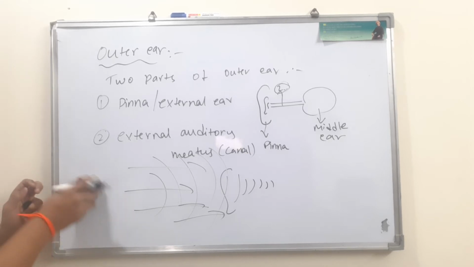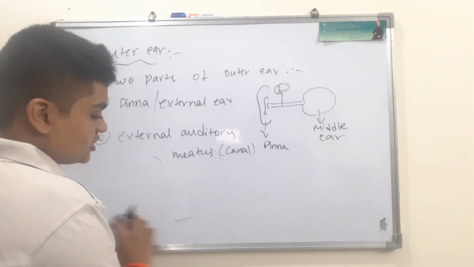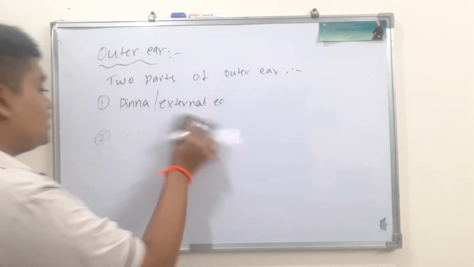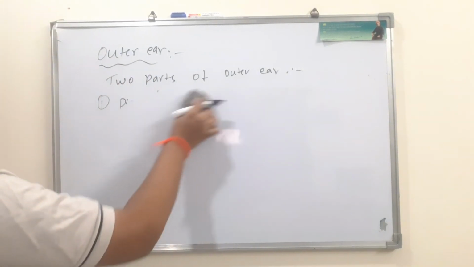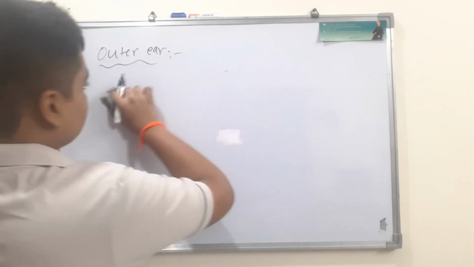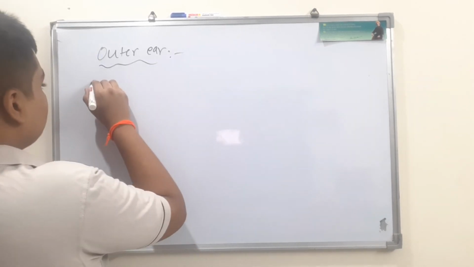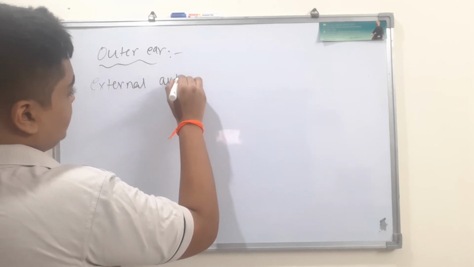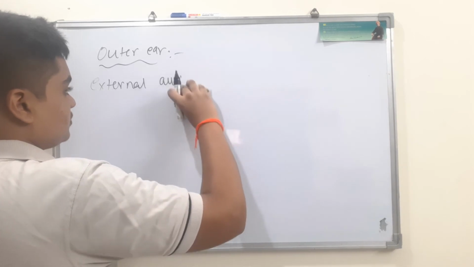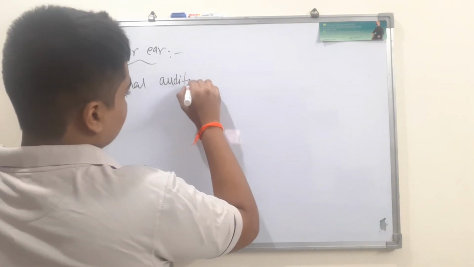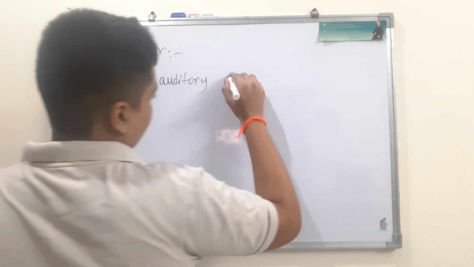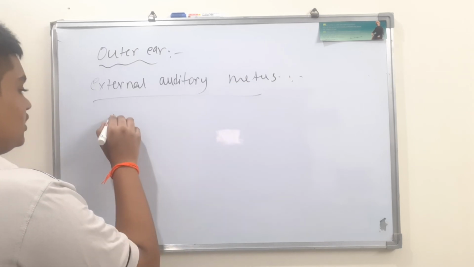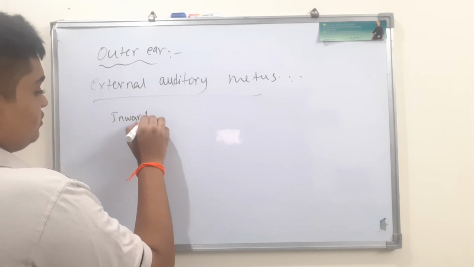Done? Yes, completed. Now let us move on to the external auditory meatus function. External auditory meatus function is very simple. It is just a canal which extends inward, present inward.